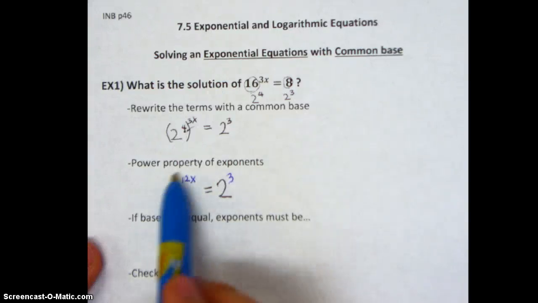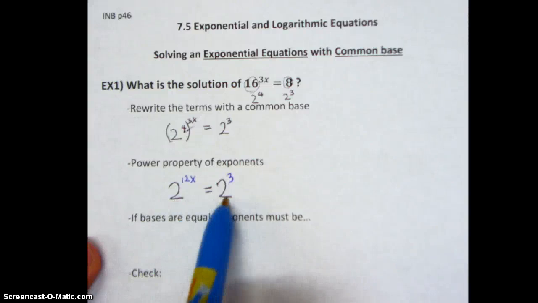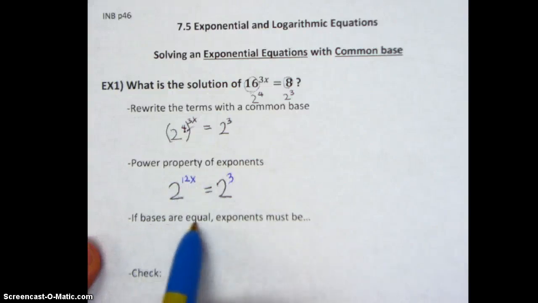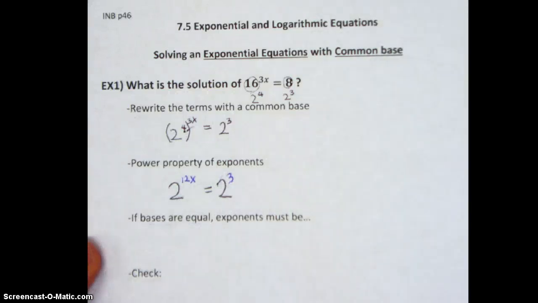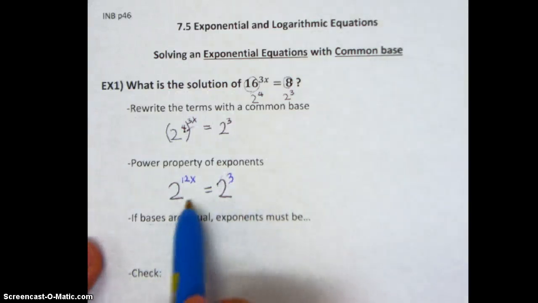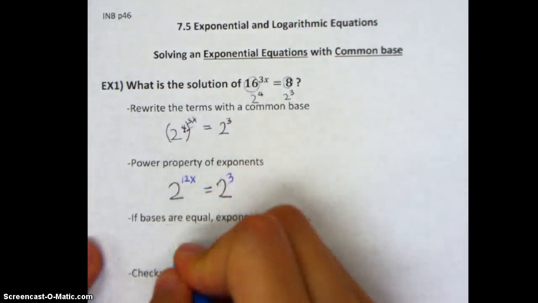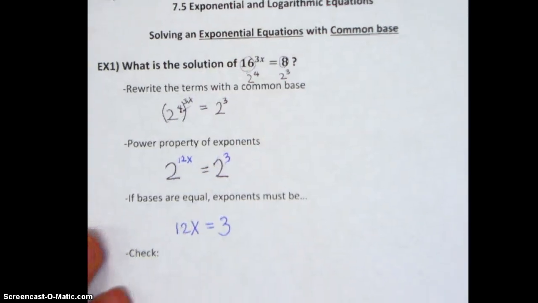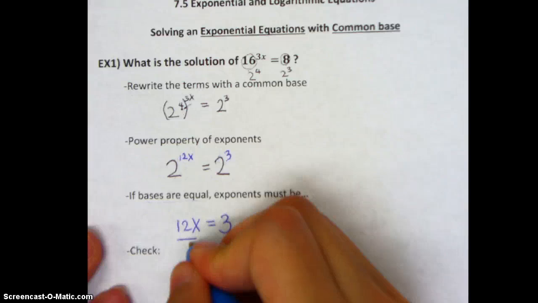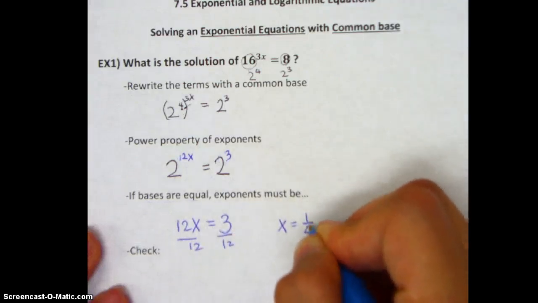Since the bases are equal, the exponents must be equal too. So we set the exponents equal to each other. That means 12x is equal to 3. Now you just solve for x, divide both sides by 12, x is 1 over 4.